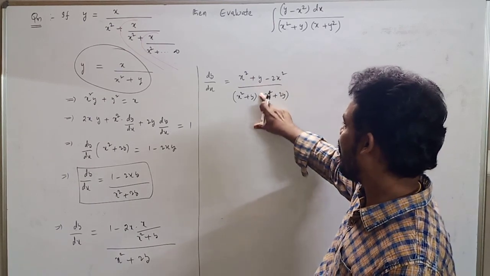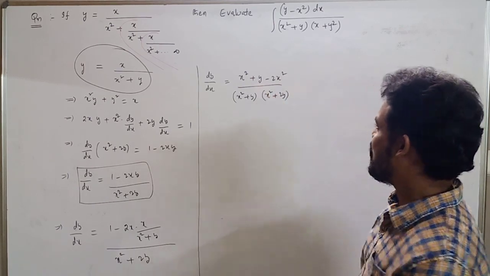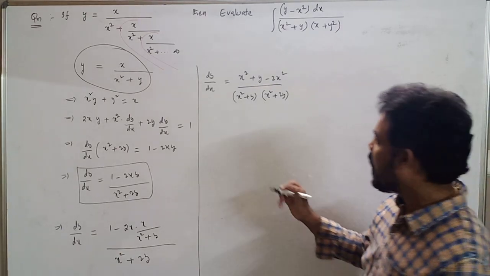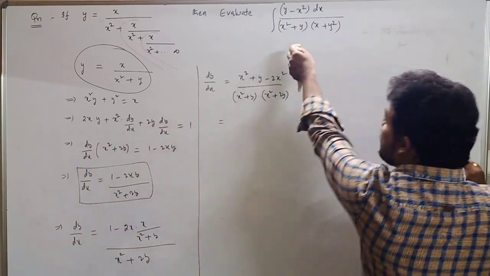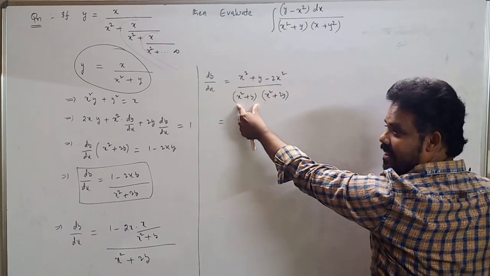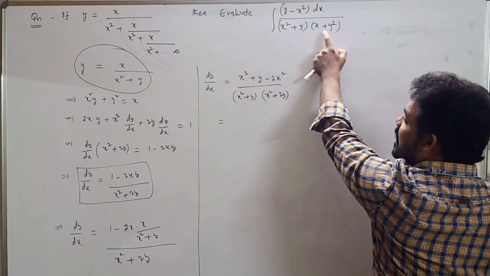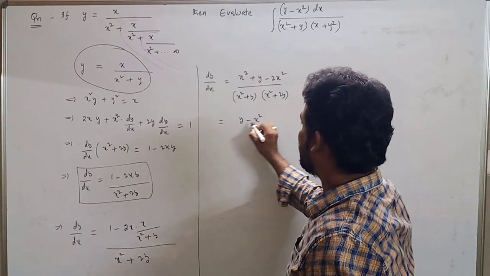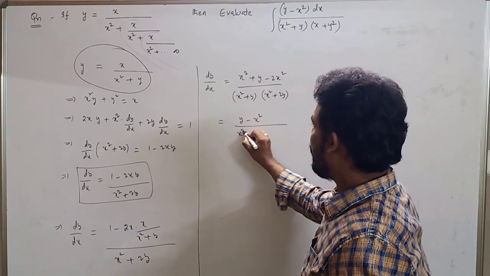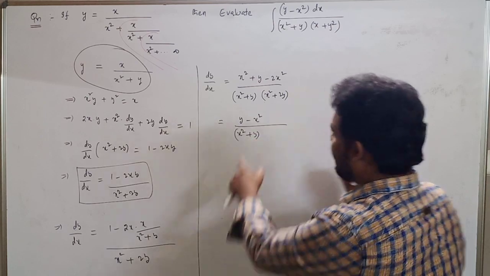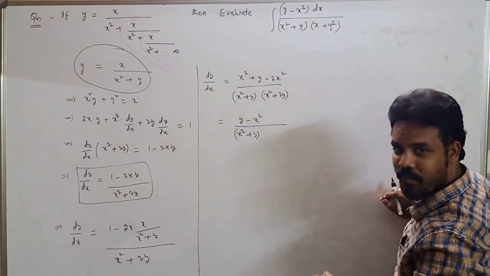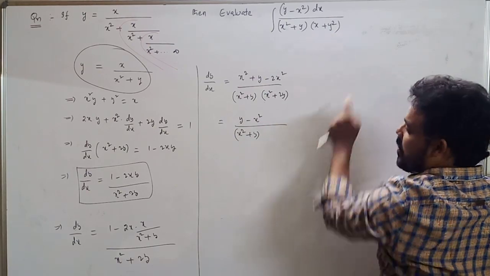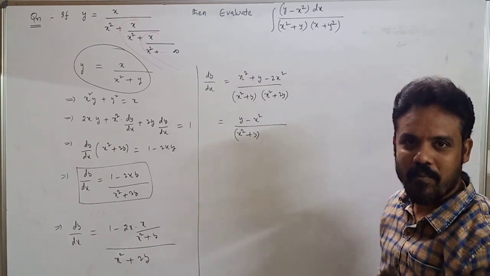Now students, come on. Since I want only one term, x square plus y, here y minus x square is there and x square plus y is there. We already got the numerator and one term of the denominator. We want x plus y square, but here x square plus 2y is there.